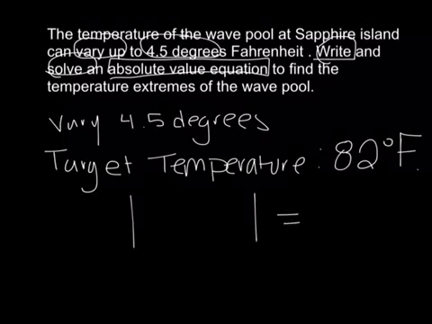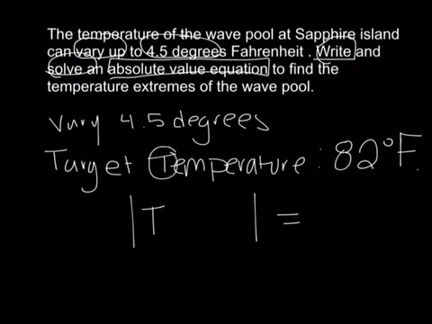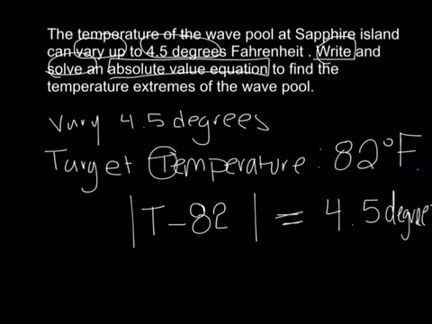So our goal is that we wanted to get from the target temperature. So we have the temperature, we're going to call it temperature T. We're going to subtract it by 82 because it's either from the original amount and equal 4.5 degrees. And you're going to solve for T just like we did on the previous problem.